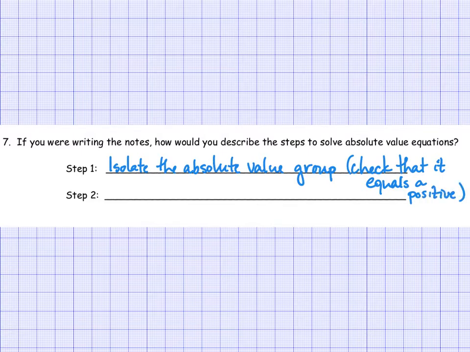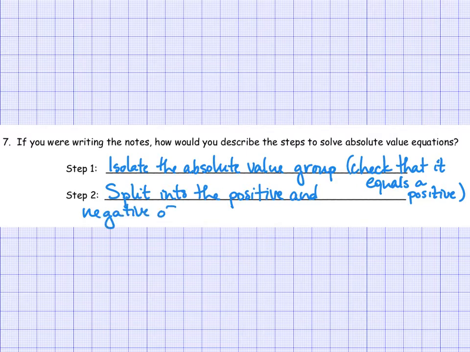And then the next step is to split it into the positive and negative of the other side of the equation. Then just solve each for x.